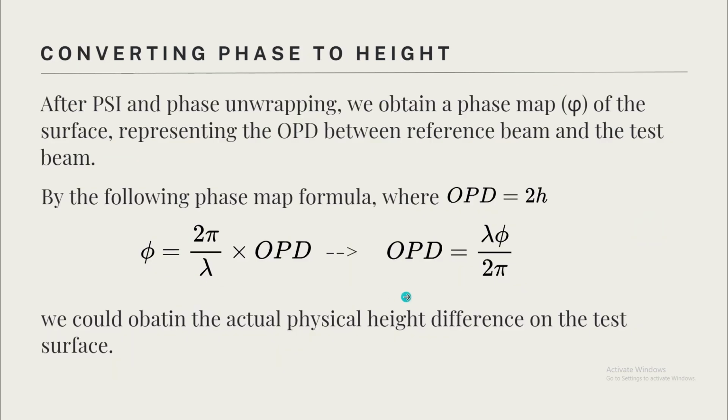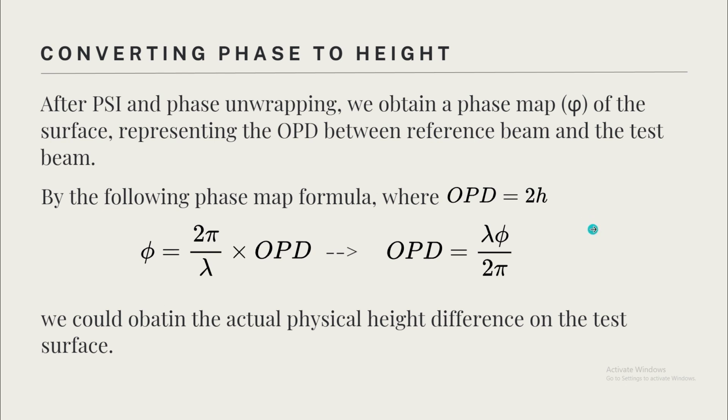So once the wrapped phase map is obtained from the phase shifting algorithm and unwrapped to produce a continuous phase distribution, as we explained earlier on, the surface height profiles can finally be calculated using the optical path relationship of the Michelson interferometer. And if we denote a height variation of h on the sample, it introduces an OPD of 2h.